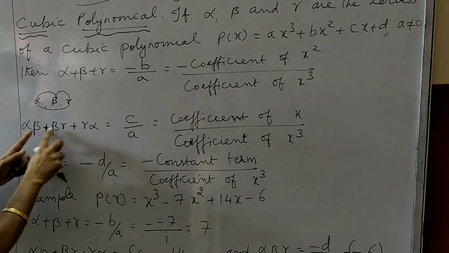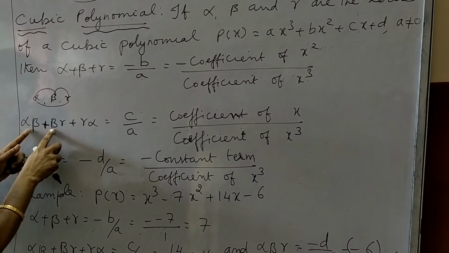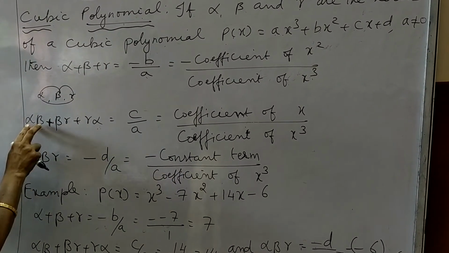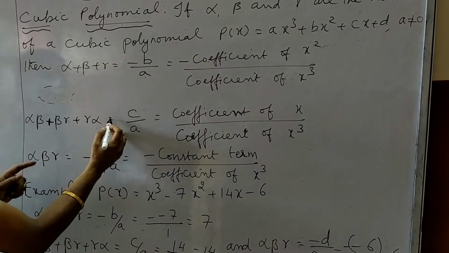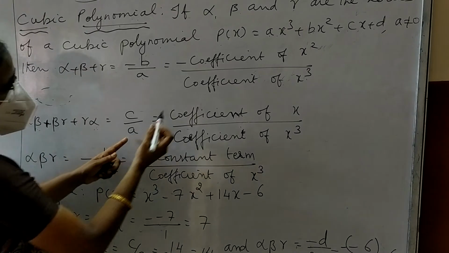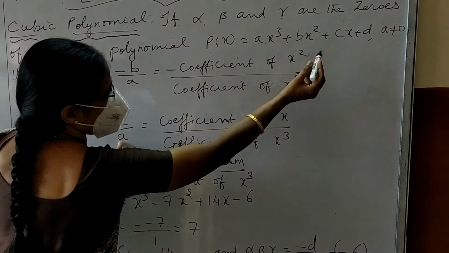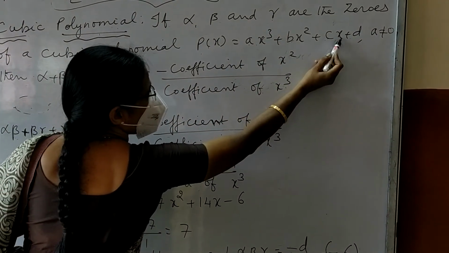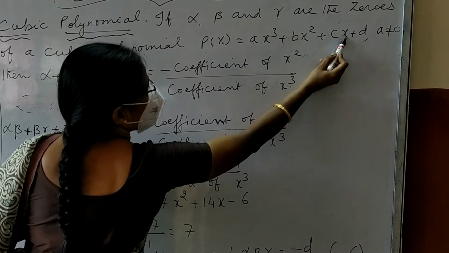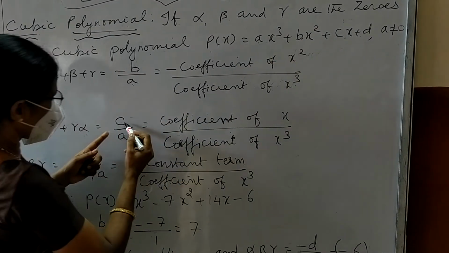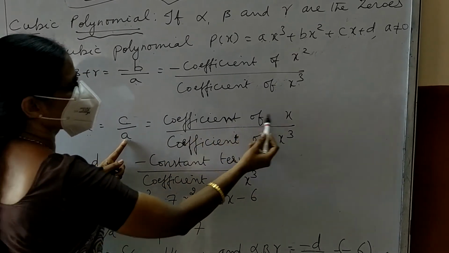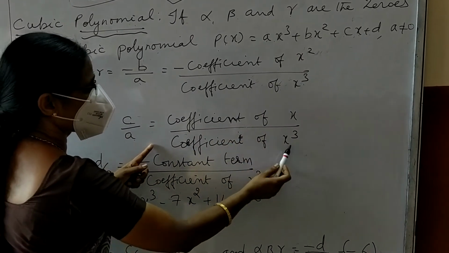We have taken 2 only at a time. So this is calculated using c upon a. If you see in this cubic polynomial, c is the coefficient of x, and a is the coefficient of x cube. Therefore c upon a is coefficient of x upon coefficient of x cube.